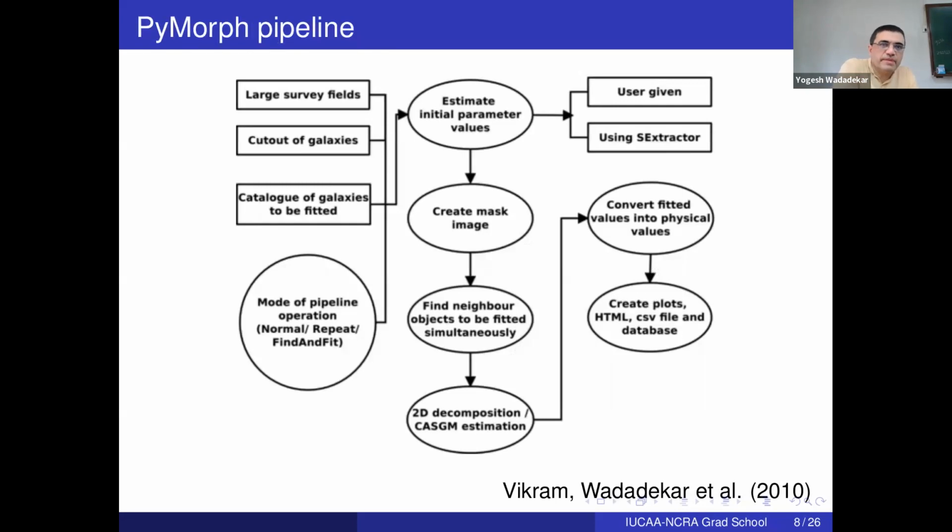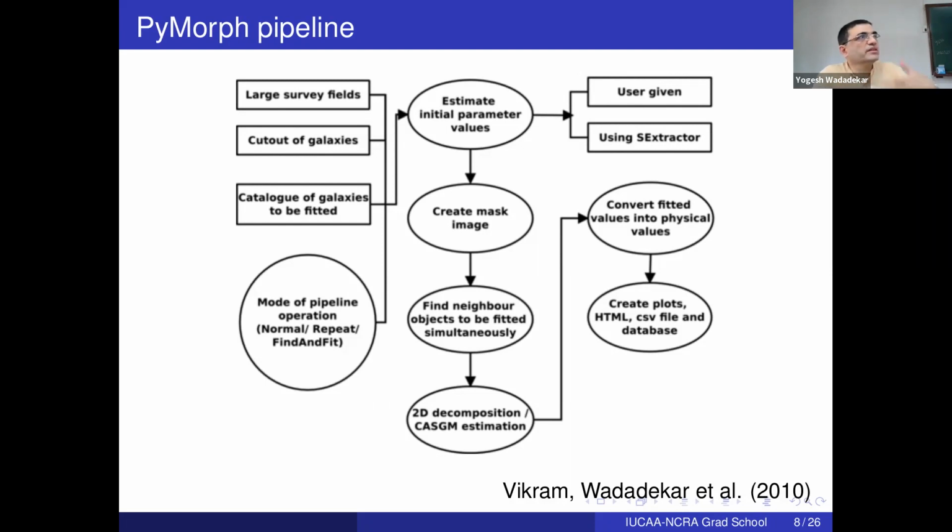So some 10 years back, a student from MG University, Kottayam, and me and Ajit Kembavi and a few others, we wrote a pipeline called PyMorph. So what it does is it basically can operate in two modes.